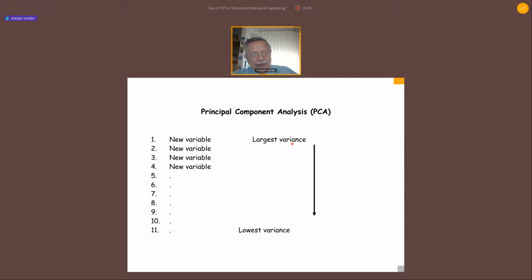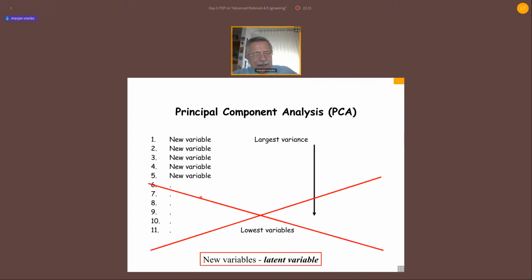The first new variable carries the largest variance, and the last new axis carries the very neglectable part of the variance. So I can again neglect some of the lowest variables, and what I did was the reduction of a high dimensional space to a space of very few dimensions.